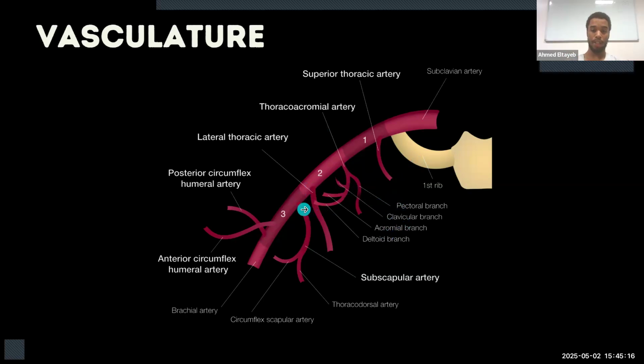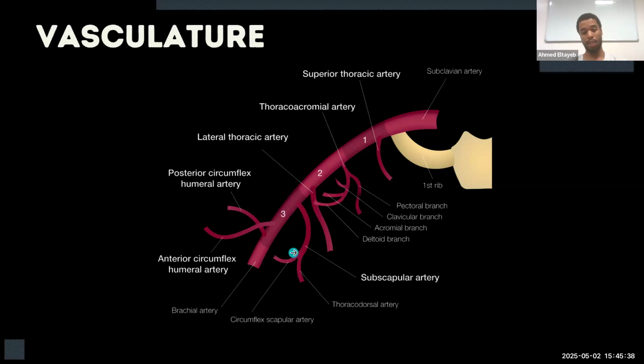Now, the third part of the axillary artery has three branches, the anterior and posterior circumflex humeral arteries. Now, the anterior doesn't really contribute much to blood supply. The posterior is very important because it's very intimate with the surgical neck of the humerus. And we have one more branch, the subscapular artery.